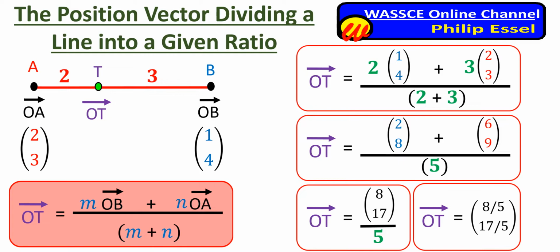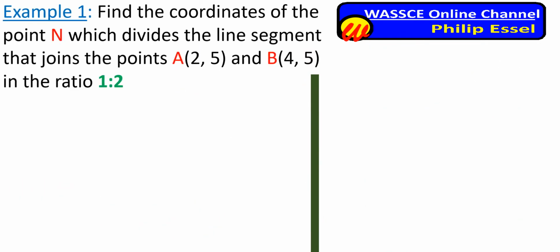Let's look at a few examples. Example 1. Find the coordinates of the point N, which divides the line segment that joins the point A with coordinates (2, 5) and B with coordinates (4, 5) in the ratio 1:2.